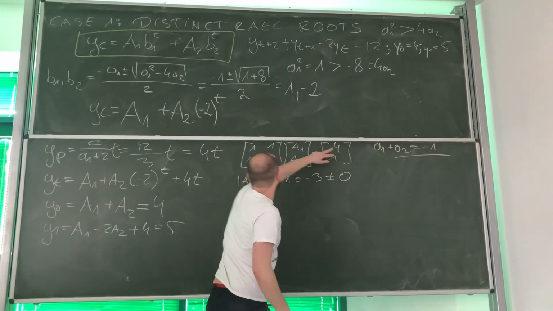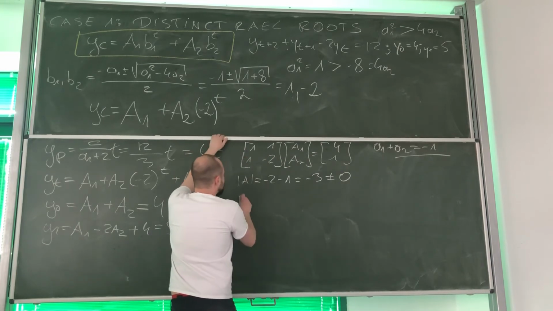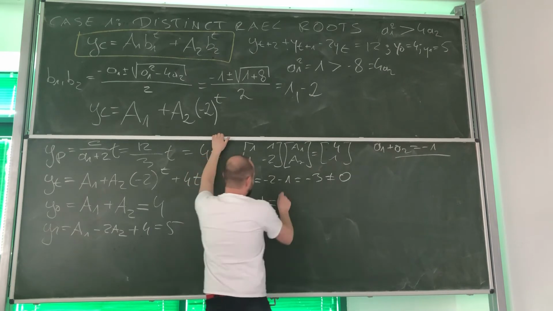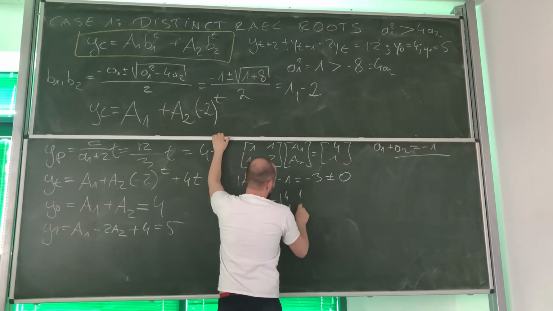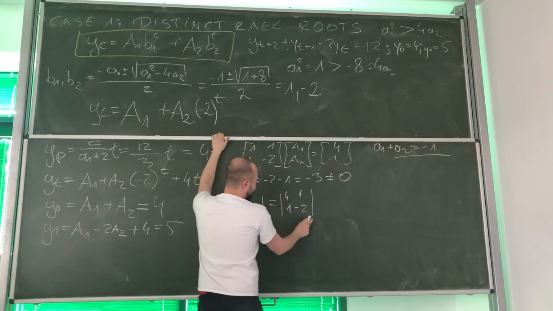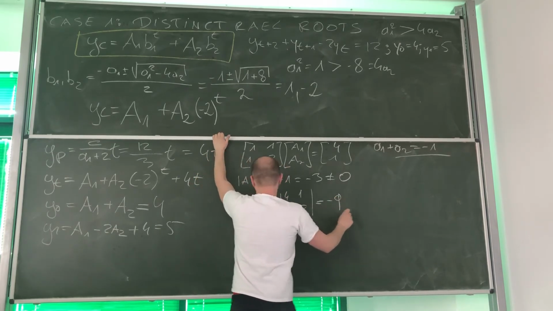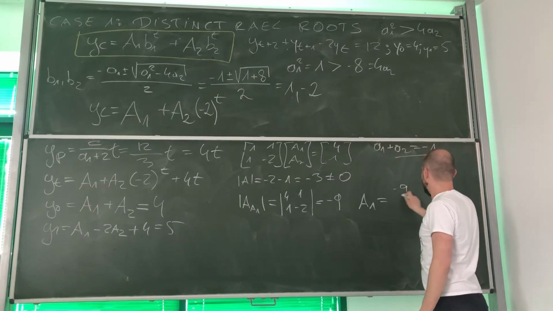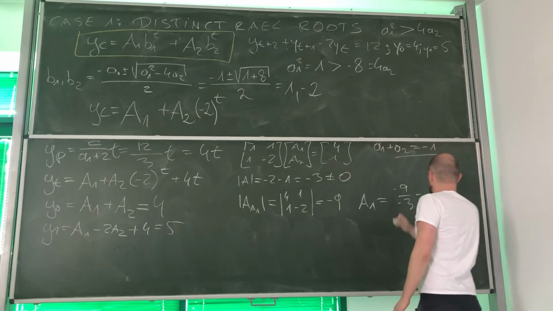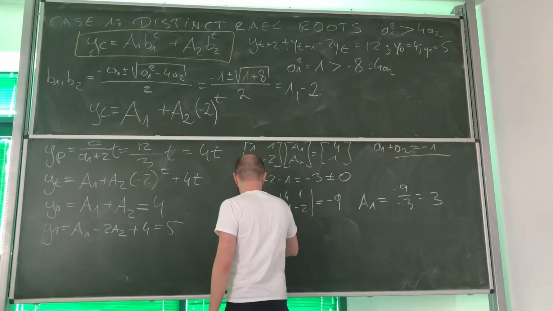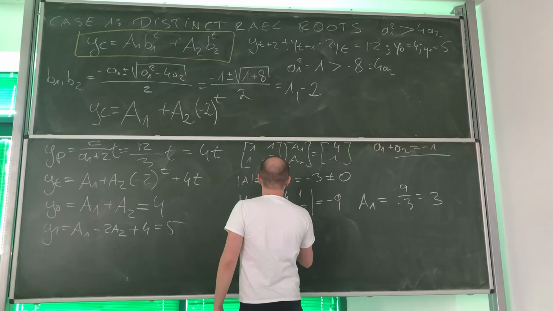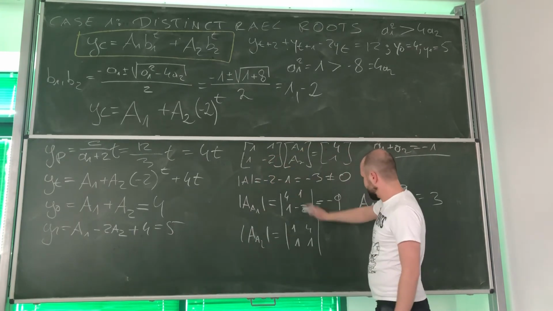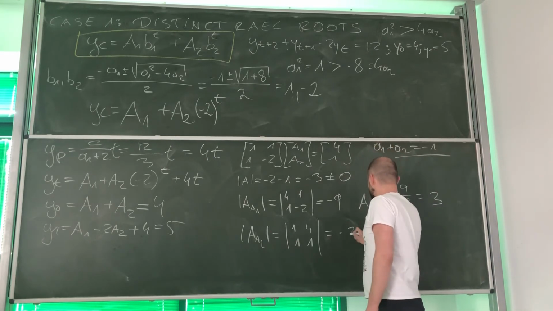Okay, so we substitute the vector to the first column, let's call it A1. So we've got that this is 4, 1, negative 2. This is equal to negative 8 minus 1, this is negative 9. So A1 is negative 9 over negative 3. This is just 3. And A2 is 1, 4, 1. So this is 1 minus 3. This is negative 3.